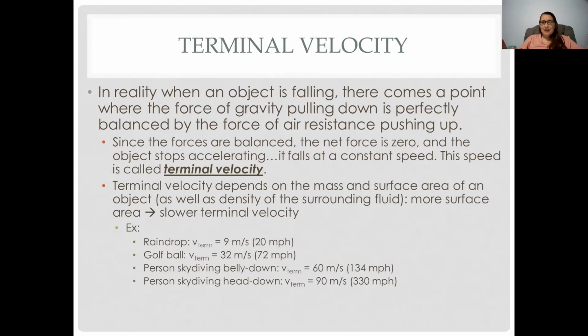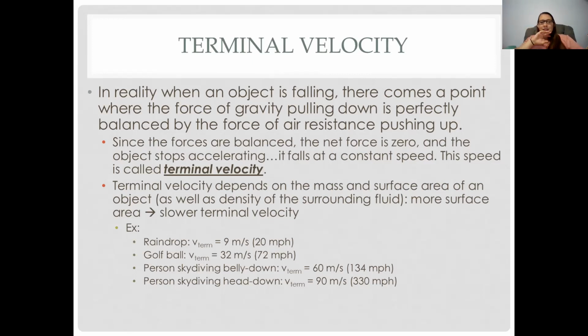And if you decide you're super brave and you want to skydive head down, or even feet down, I guess, although that's much less cool, but I mean, you're still skydiving. At that point, you're decreasing your surface area from the length of your body to just the size of your head. So your terminal velocity increases to about 330 miles per hour, which is pretty dang fast.